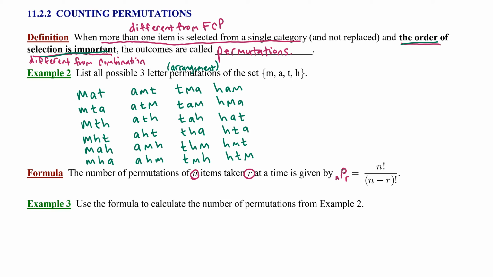Then I'm going to find the difference of the total and the number that I'm taking at a time, find that difference, and then evaluate that factorial. That's going to count the total number of permutations of n items taken r at a time.